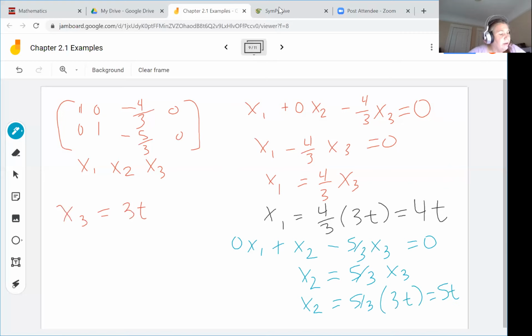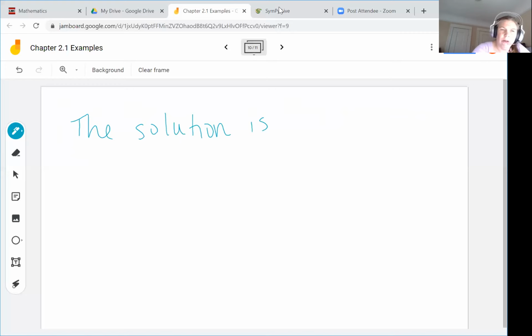So in terms of the free variable, we would say that the solution to the system is going to be x1 equals 4t, x2 equals 5t, and x3 equals 3t. So we see the dependence between the variables depending on our choice of t, and t can be any real number.